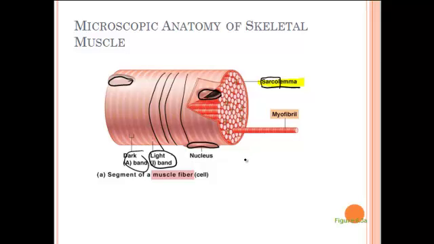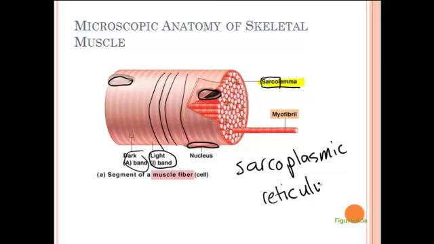It's not pointed out in this slide here, but there's also something called the sarcoplasmic reticulum. And the sarcoplasmic reticulum, there's that sarco again. This is the endoplasmic reticulum found in a muscle fiber.